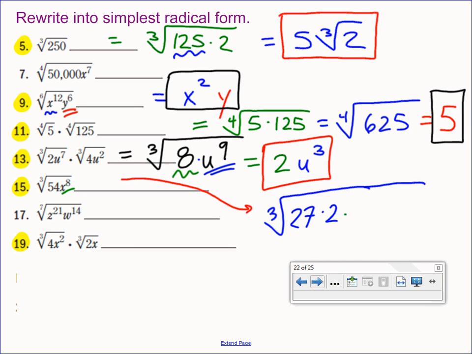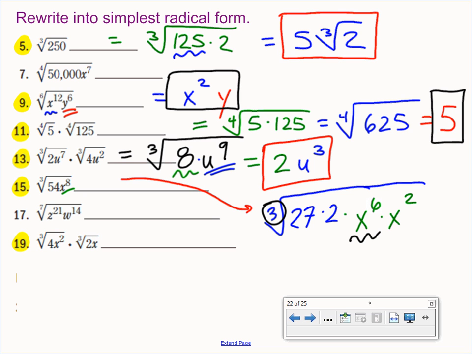So I'll rewrite that x to the 8th as x to the 6th times x to the 2nd. Do you agree that x to the 6th times x to the 2nd is x to the 8th? Yes, but by rewriting this as x to the 6th, I can now simplify the squiggle underline x to the 6th inside of a cube root. This is x to the 6/3, which is x squared out front.